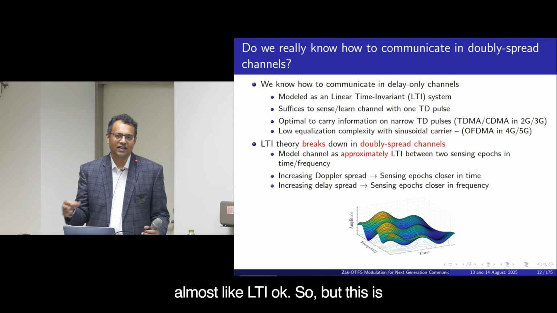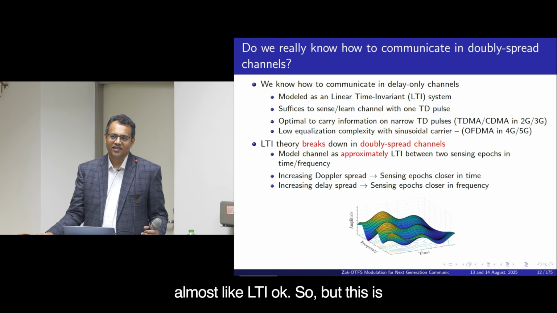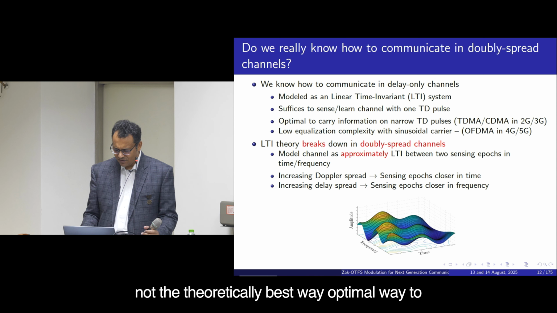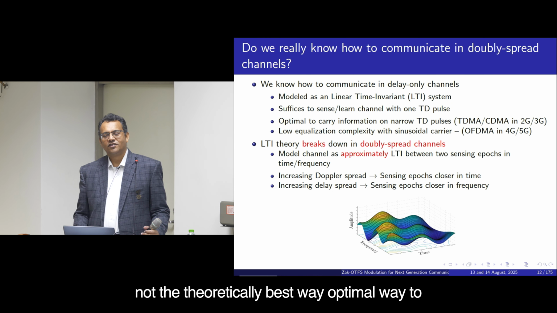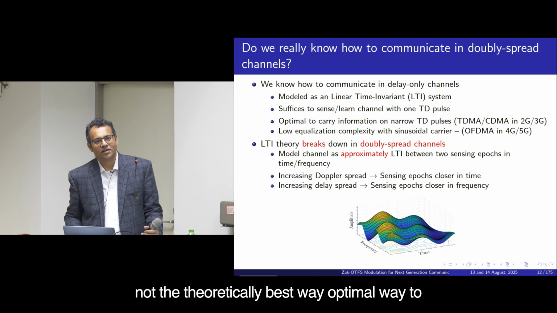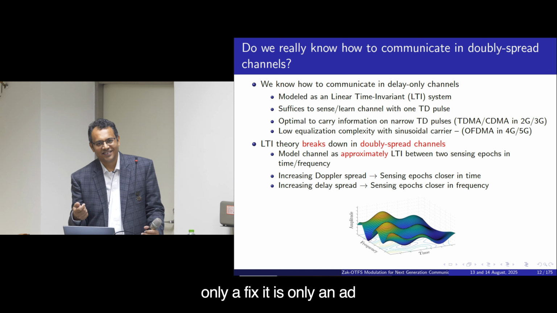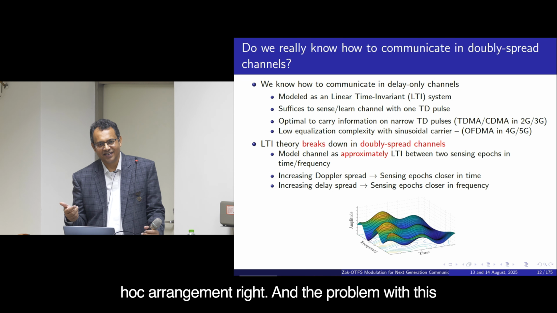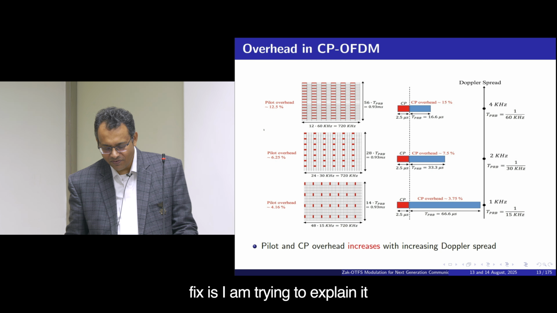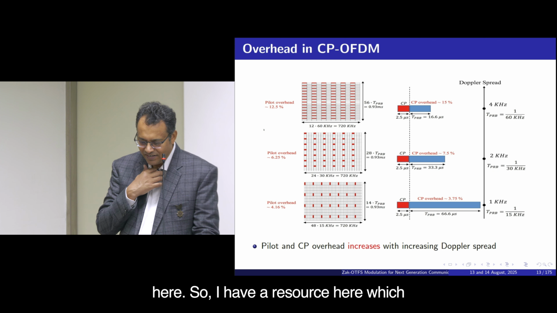So it was almost like LTI. But this is not the theoretically optimal way to communicate in this kind of channel. It is only a fix, an ad hoc arrangement. And the problem with this fix, I have tried to explain here.